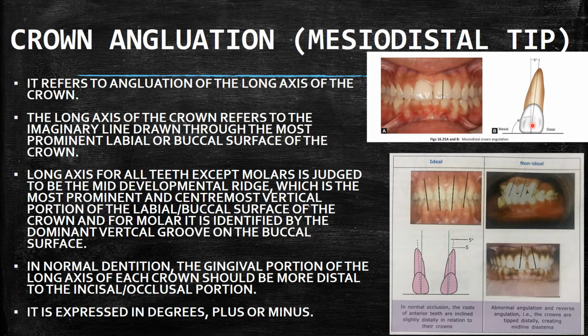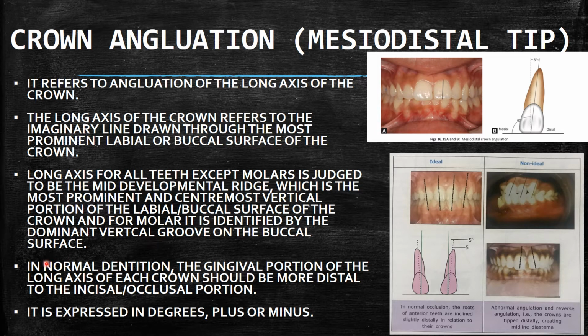For all teeth except molars, it is judged to be at the mid developmental ridge, which is the most prominent and centermost vertical portion of the labial or buccal surface of the crown. And for the molars, it is identified by the dominant vertical groove of the buccal surface. So this is where you will find the long axis.